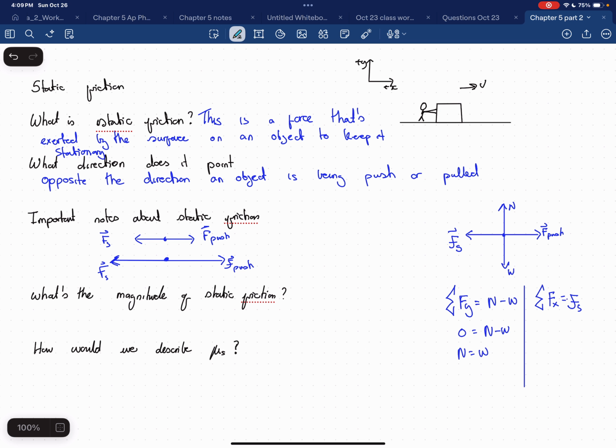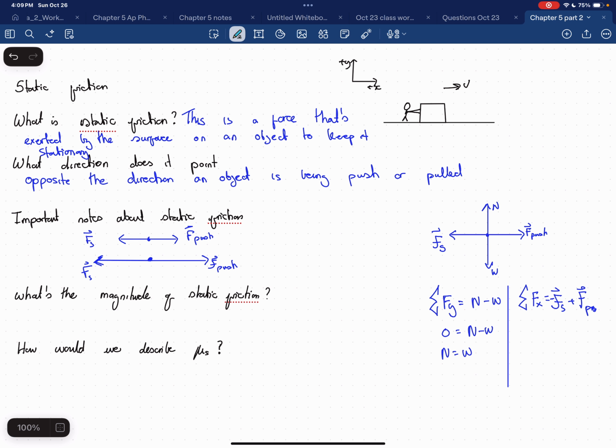Now, friction is in the negative direction, and my push force is in the positive direction, if I look at my axis. What's happening here is my object is not moving because of static friction.